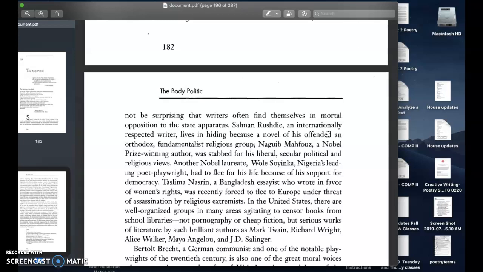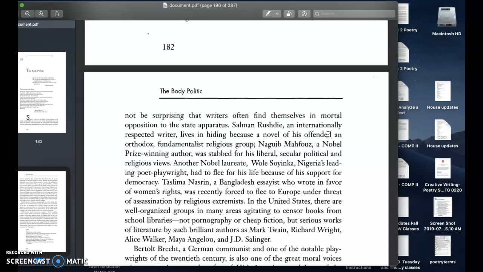But of course, there are a lot of times where writers are so greatly influenced by what is going on around us. And that's not just limited to writers of essays, nonfiction or fiction pieces. This is so greatly influenced by poetry.